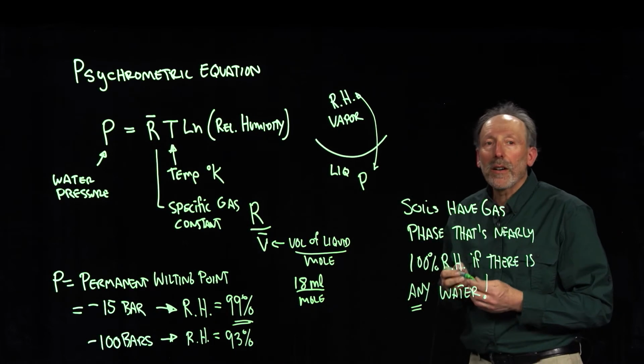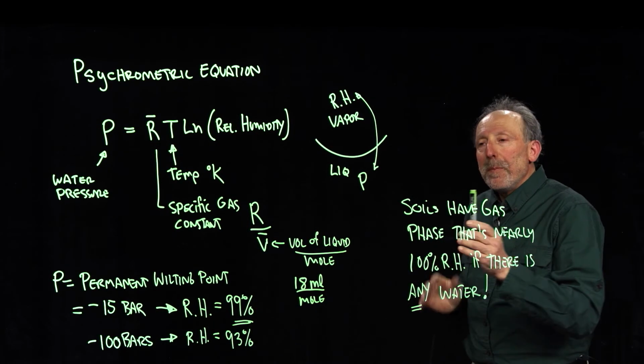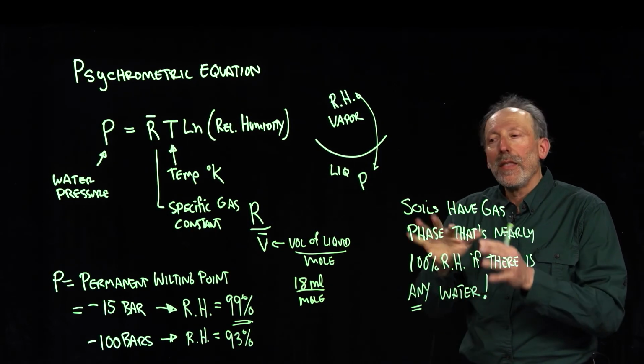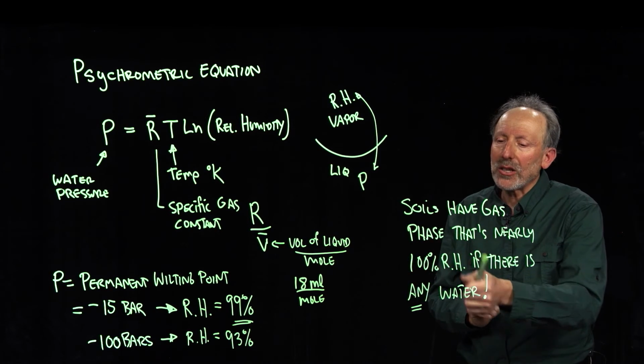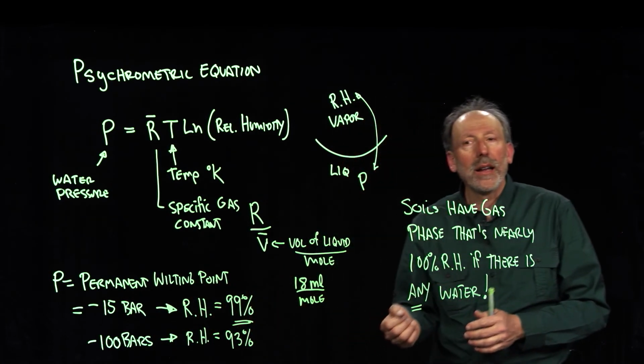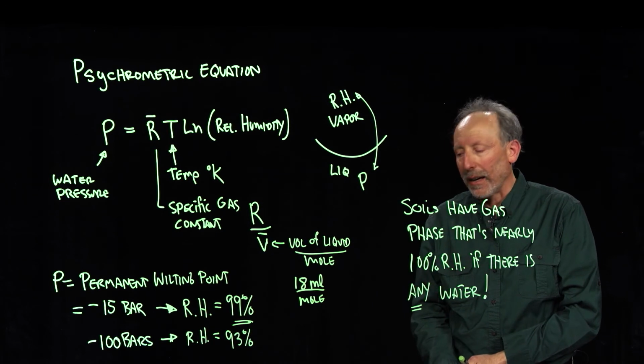This is a very, very important point, that in a soil that has any little bit of water left, the humidity in that soil is essentially 100%. And only when the soil becomes absolutely dry does the humidity drop from that 100% value.